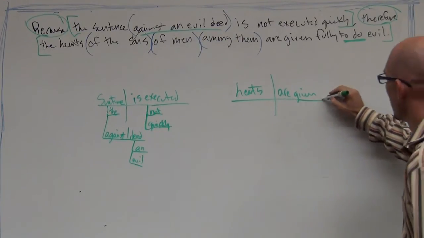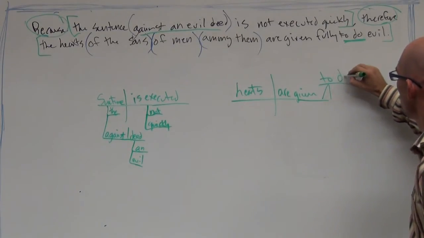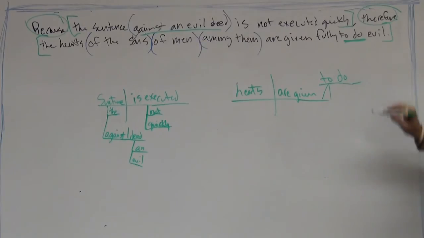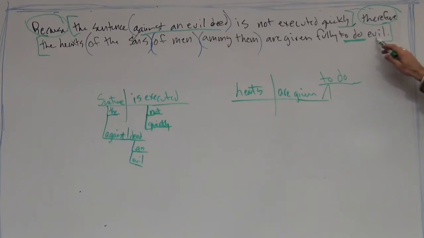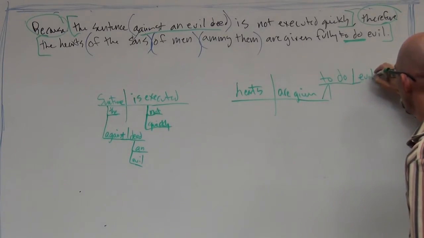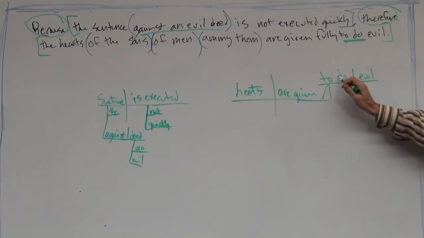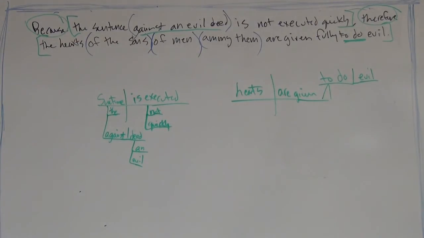Okay, the little mountain. It's completing the verbal idea. To do. And our infinitive is going to take a direct object. What's our direct object of the infinitive? Evil. Okay. What part of speech is a direct object? Has to be a noun. Okay. Hearts are given to do evil.